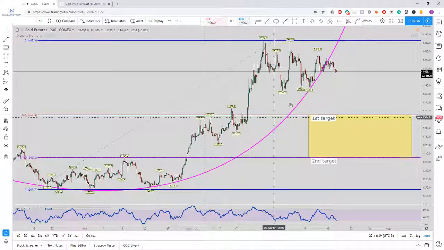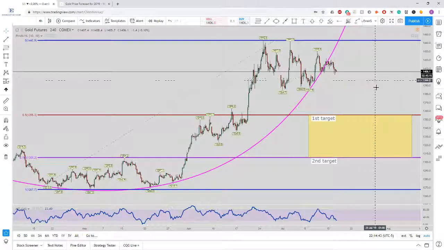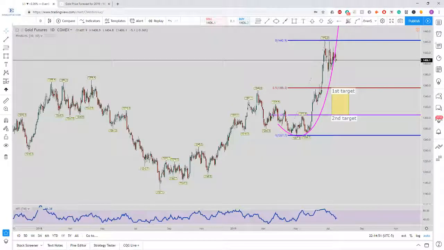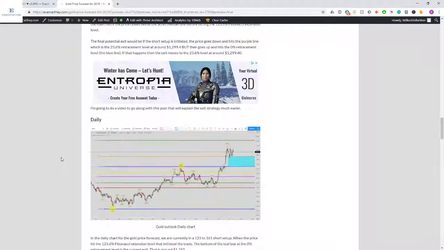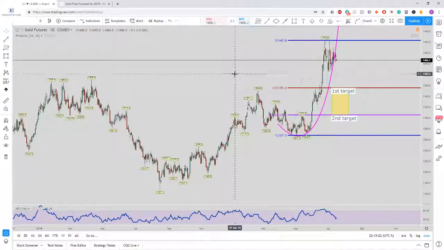So based upon how I drew this curve, I do believe that on the 4-hour chart we are now looking for it to go down and hit the 50% retracement level. So what we're going to do is keep moving up the time frames, into the daily chart right here, and what we have is a 123 to 161 trade.